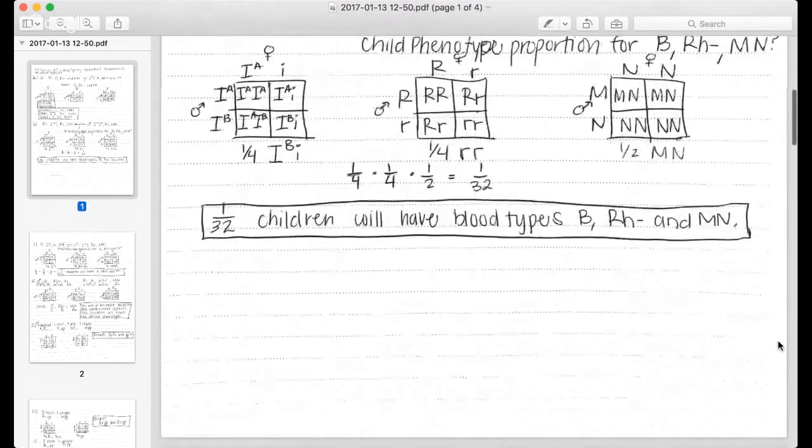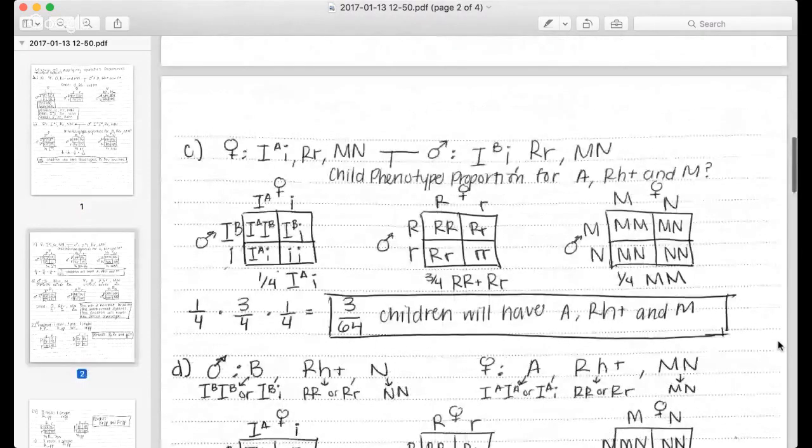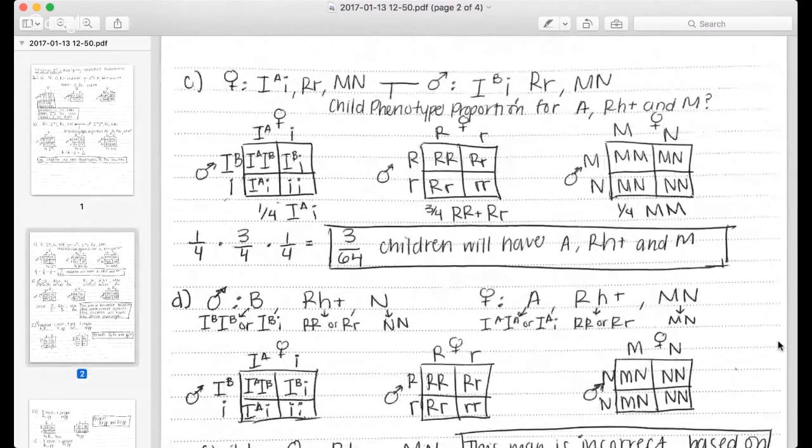Awesome, cool. Okay, so part C, what proportion of children born to a man with genotype IB i, R, lowercase r, MN, and a woman who is IA i, R, lowercase r, MN, will have blood types A, Rh positive, and M. We're looking for the phenotype proportion here. We know what the female is, we know what the male is, so that leaves us with what the children could possibly be.